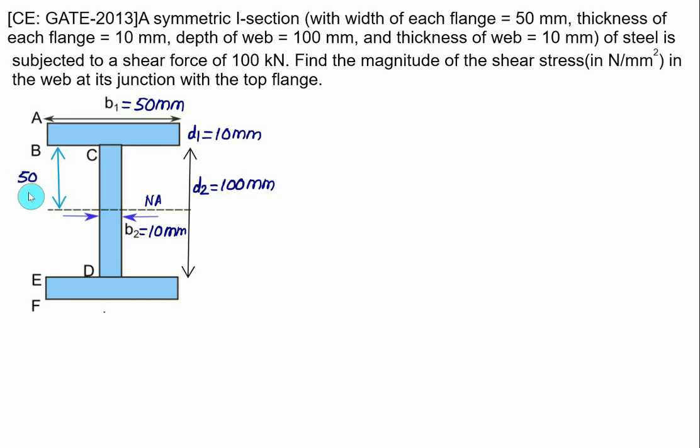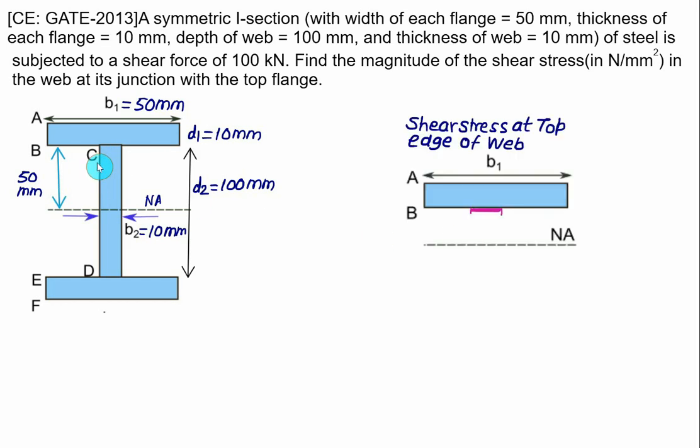We are interested to know the shear stress at section C, and C is in the web. To find out the shear stress at C, we'll take the FBD above the section CC. So we'll get this rectangle here AB, and this one is same as section CC.